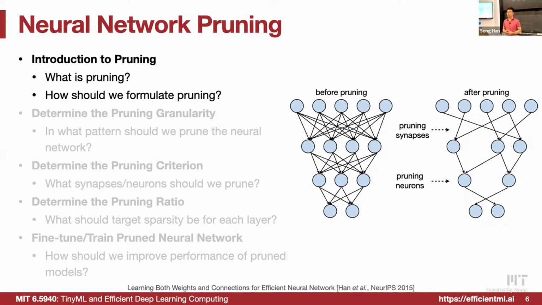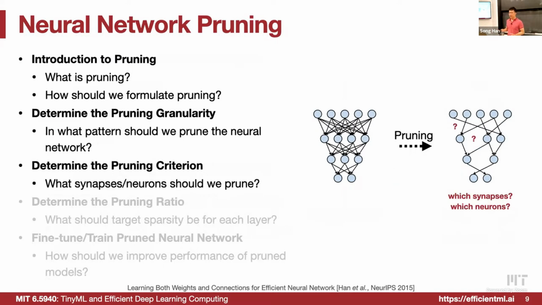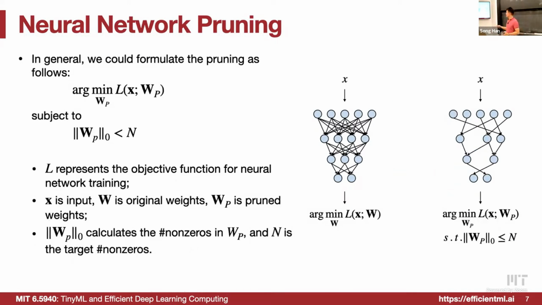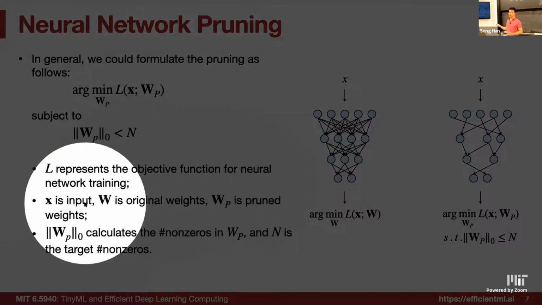Okay, so with that as the motivation, let's start with the agenda. We're going to start by introducing what pruning is, taking a dense neural network into a sparse neural network. In general, we can formulate pruning in this way. We want to minimize the loss of the pruned model given the input X. Here, L indicates the objective function for the neural network training.